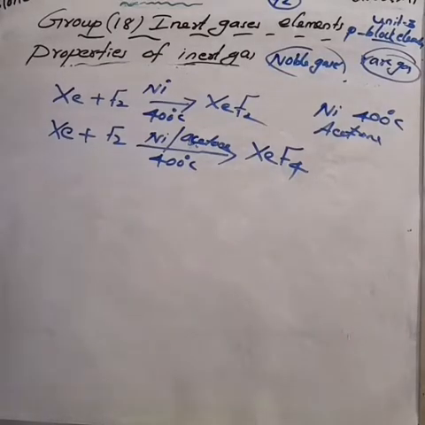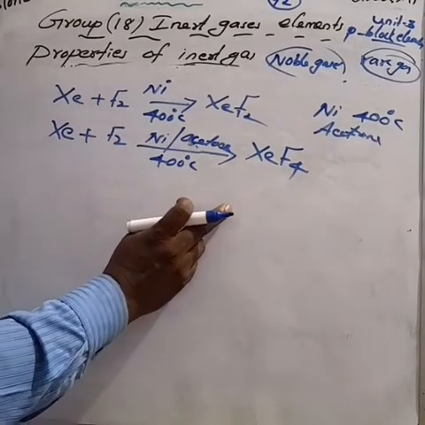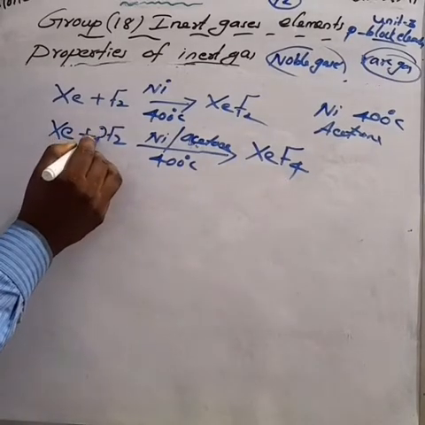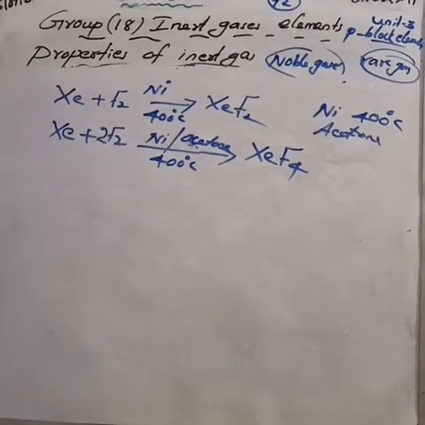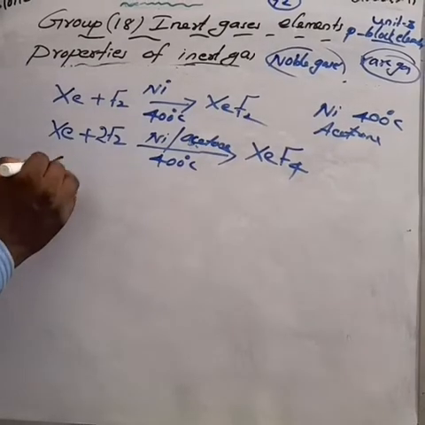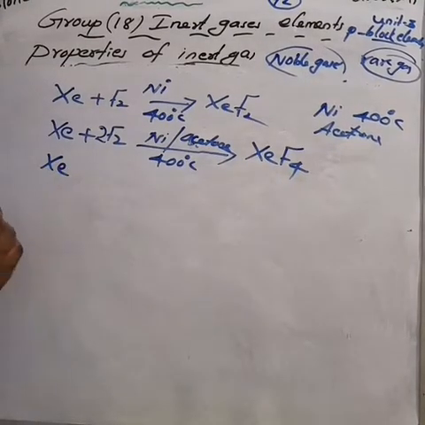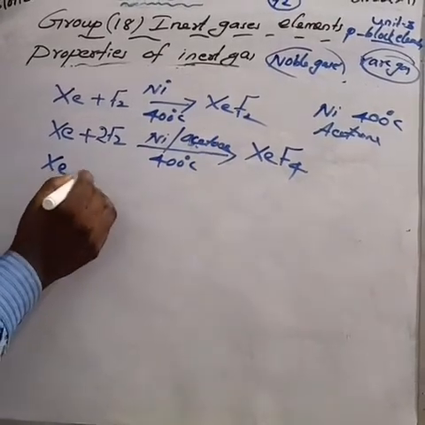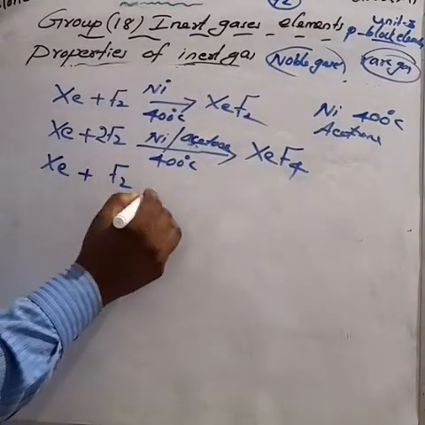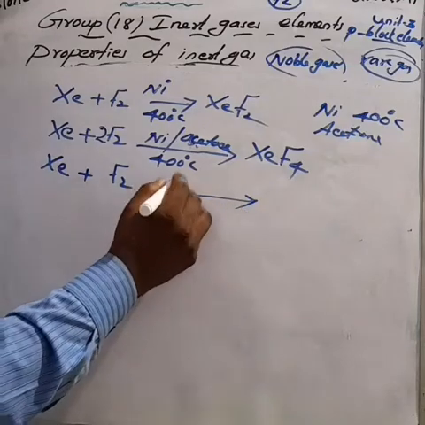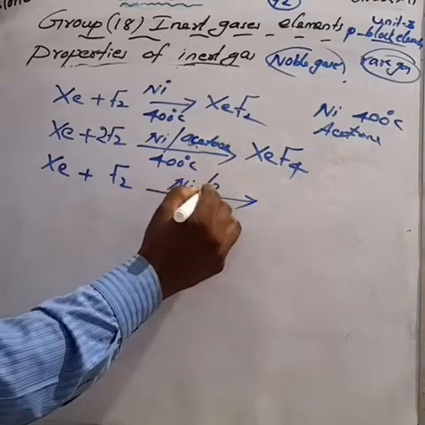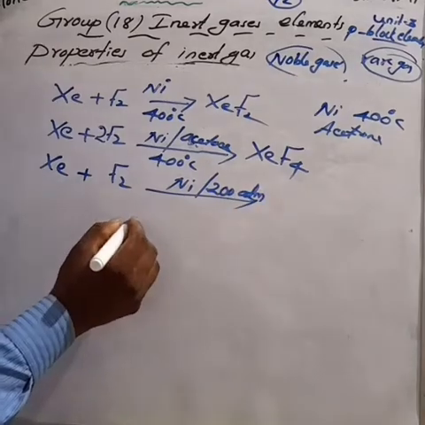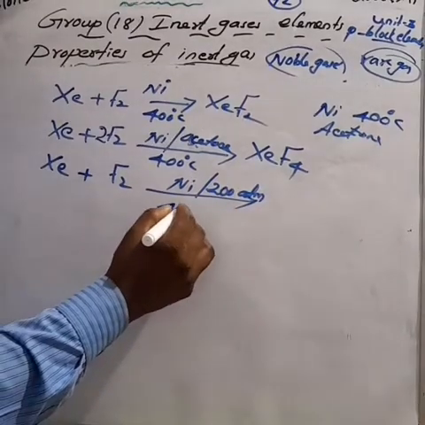How can we balance the equation? The product side is having 4 fluorine, so make it 2 F2 here. If you have 2 F2, it is balanced. Now, how is xenon hexafluoride prepared? That is xenon reacts with fluorine in the presence of nickel, and also we are applying 200 atmospheres and 400 degrees Celsius.